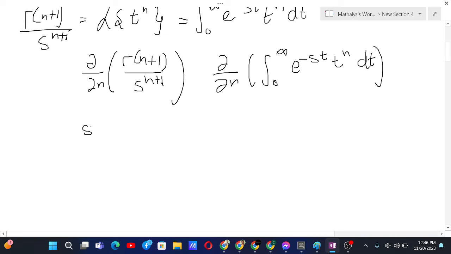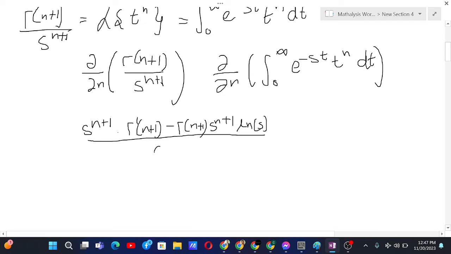So we have v and u dash, and then minus u, and then v dash will be, since it's differentiated with respect to n, s to the power n plus 1 and then ln of s, by s to the power 2 times n plus 1. So this is the differentiation.